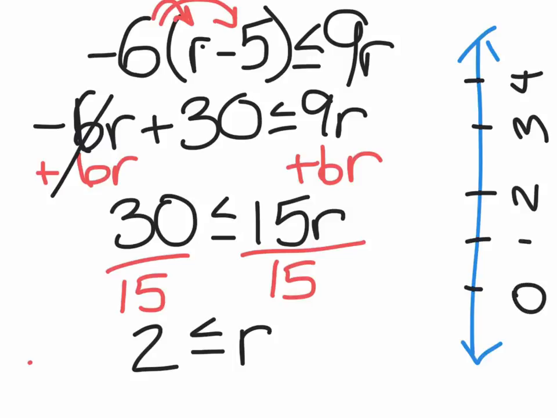Okay, so 2 is less than or equal to r. So I know I got to put a dot on the 2, fill it in because I have less than or equal to. And if it's less than or equal to r, that means that we could put in, let's put in 3 right here. So is 3 greater than or equal to 2? Yes, that's true. So I need to shade this way. So I hit the 3. And that's how inequalities work.